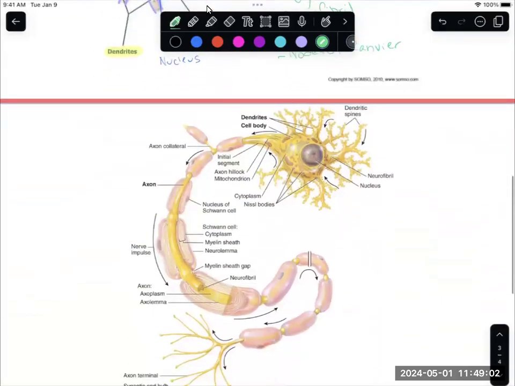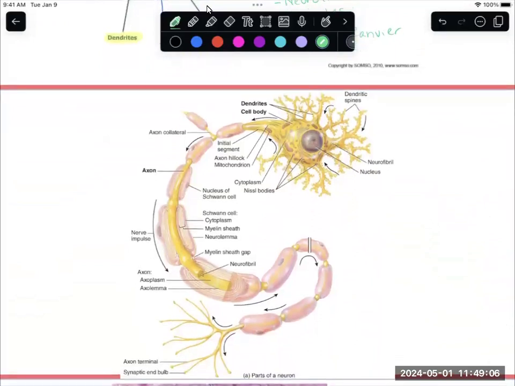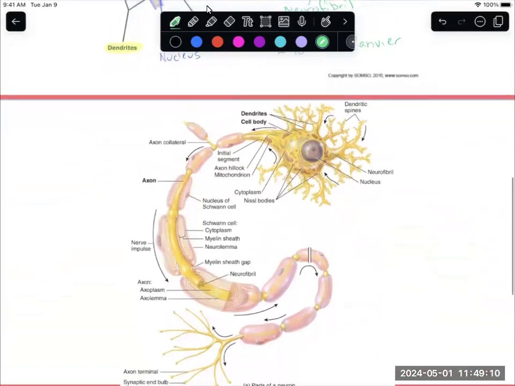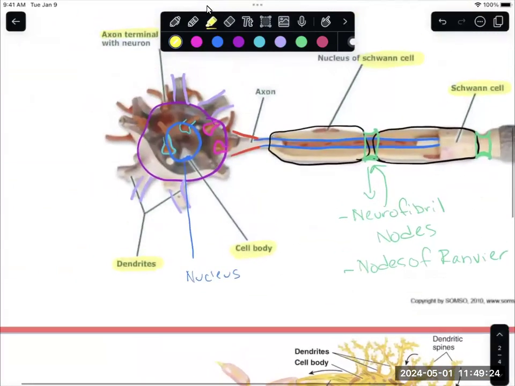So let's come down here and look at a drawing because it'll give us a little bit more information. See here you can see the nucleus in the middle, a lot nicer. These Nissl bodies are different proteins that are found within the cell body. They're really difficult to see up in this model because the cover is on top of it.